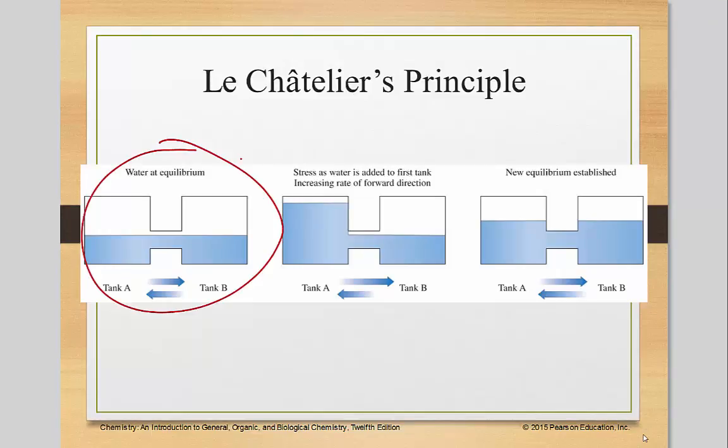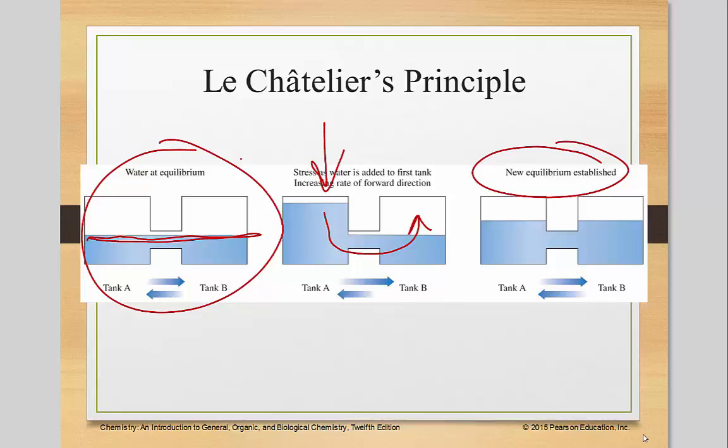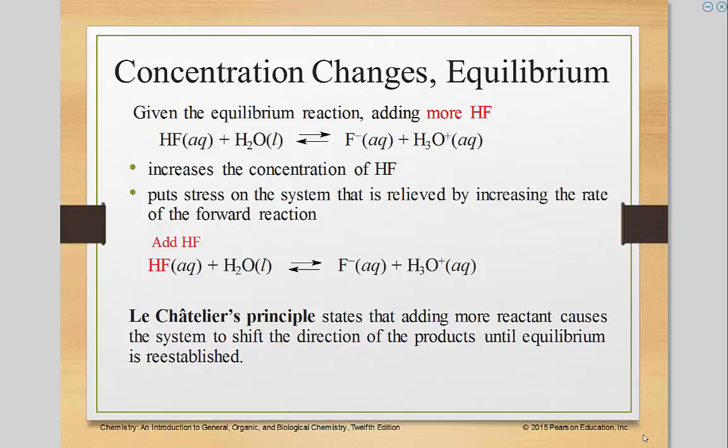If we add, let's say, more water to the left-hand side, eventually enough water is going to come over and fill that space up, so that we still have equilibrium when we're done. Notice that the levels are the same here. Once we add stuff to the left, the rate will end up being equal again at some point. And that's what Le Chatelier was saying.